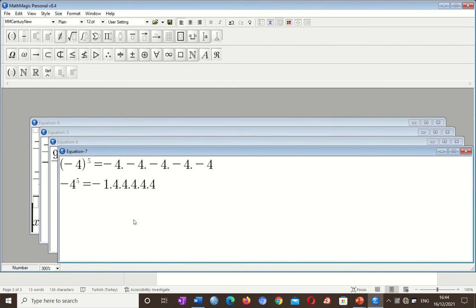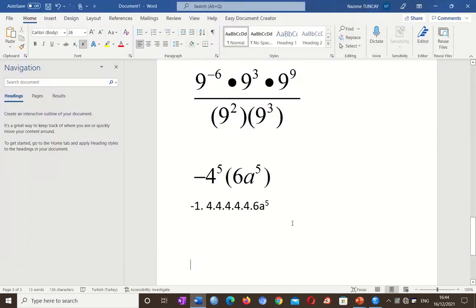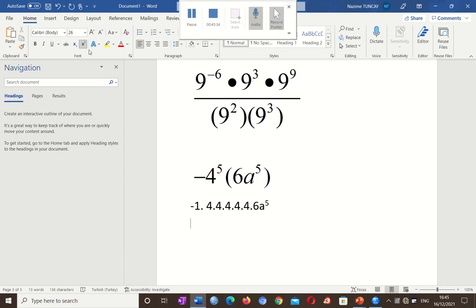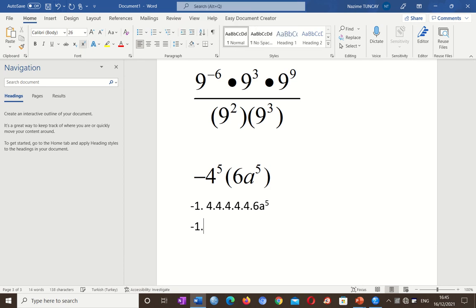This is it, okay? So what is 4 to the power 5? 1024. That's good. Okay. So this is minus 1 multiplied by 1024 multiplied by 6, a to the power 5.